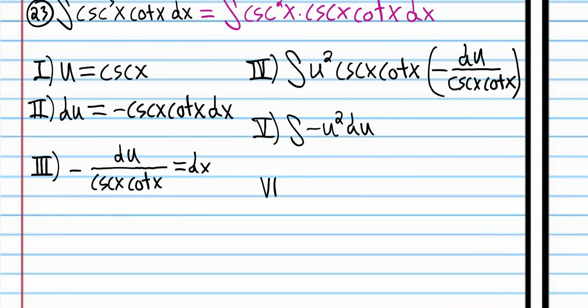So that's a lot easier to find the antiderivative of. So we have negative 1/3 u to the 3rd power plus c.